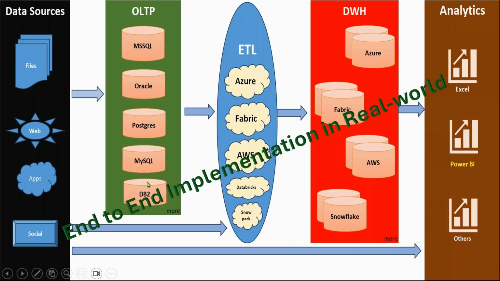I'll take another example. Assume a live cricket match. The ball-to-ball score is OLTP, old match data is the warehouse. Data engineers will be involved in ETL and warehouse. Analysts will be involved in reporting.